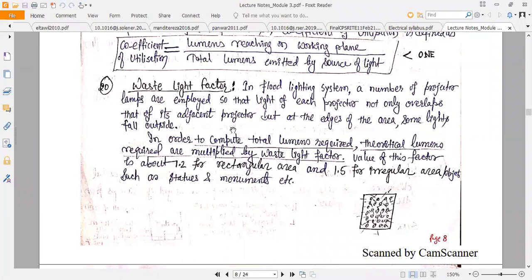We multiply the lumens by the waste light factor to decide the rating of the light source.